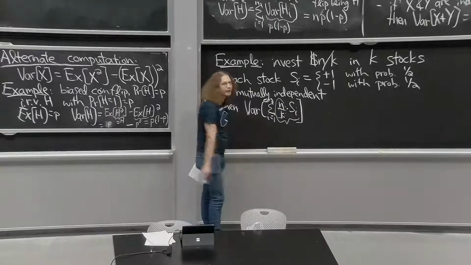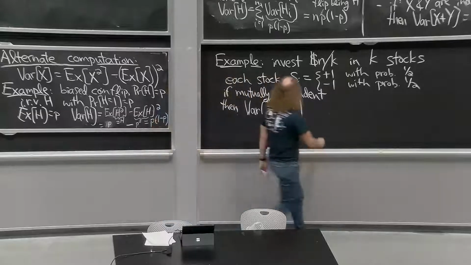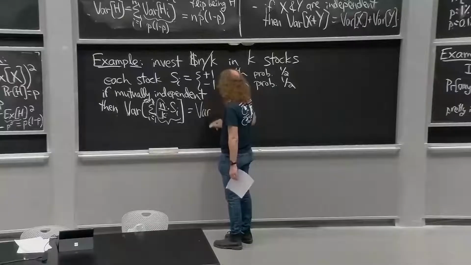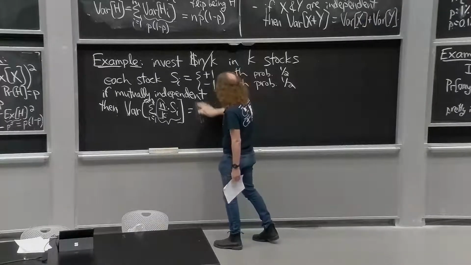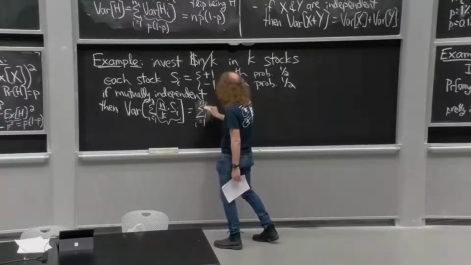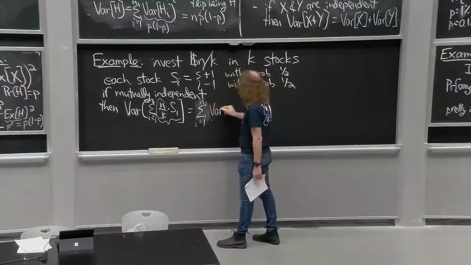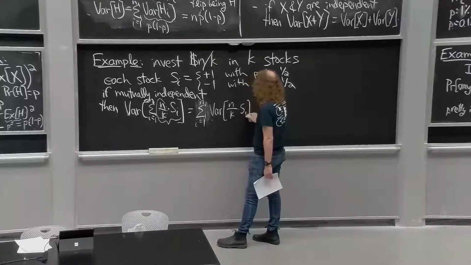OK, now we want to know the variance of this investment strategy, which I'm going to call risk. So probably risk is standard deviation. But if variance is lower, so will standard deviation. So the variance of a sum, if they're mutually independent, is exactly the sum of the variances of the insides, which is n over k times Si.